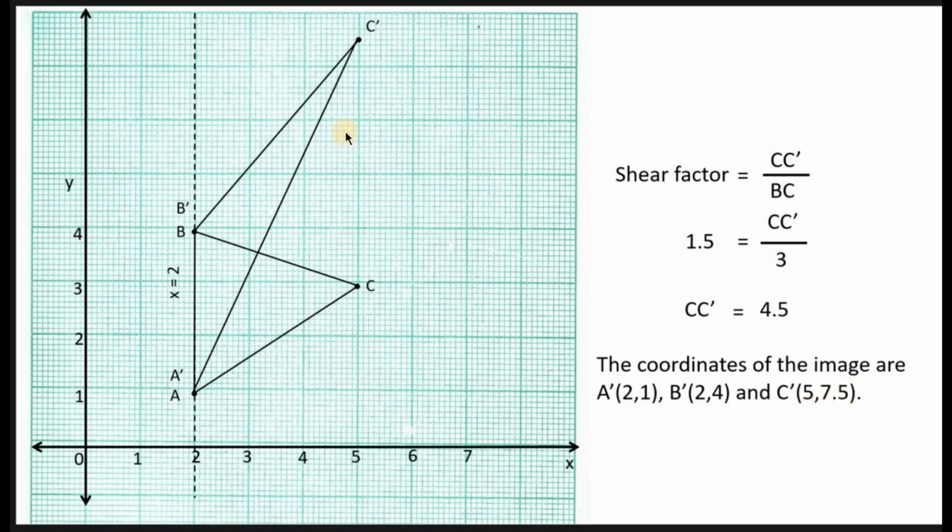So 7.5 meaning you move from here to where that point is, 1, 2, 3, 4, 5, 6, 7.5. Don't put 4.5 but 7.5, counting from the x-axis. Okay, so let's move to the next example.